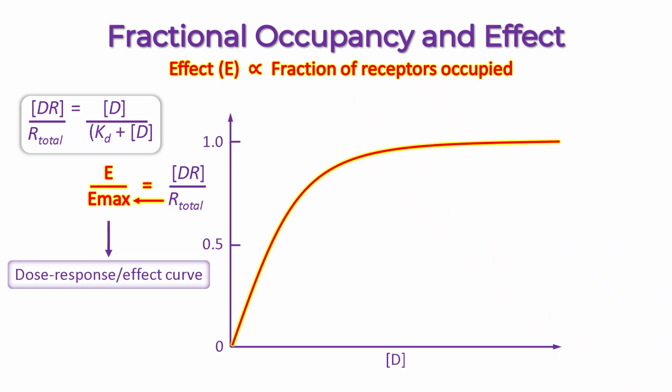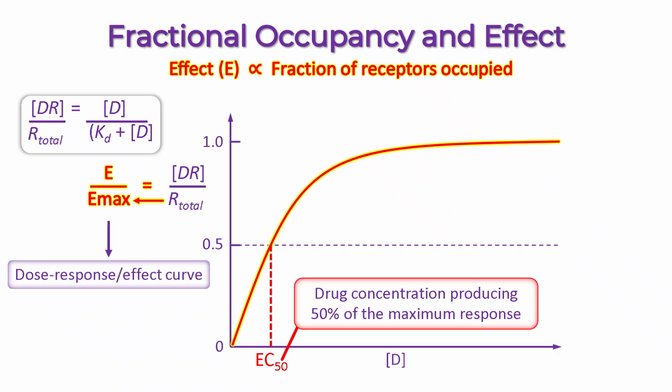At low concentrations, small increases in drug produce large increases in effect. At higher concentrations, the curve flattens as receptors approach saturation and effect approaches its maximum. As before, there is a defining midpoint. The concentration that produces 50% of the maximum effect is the EC50.